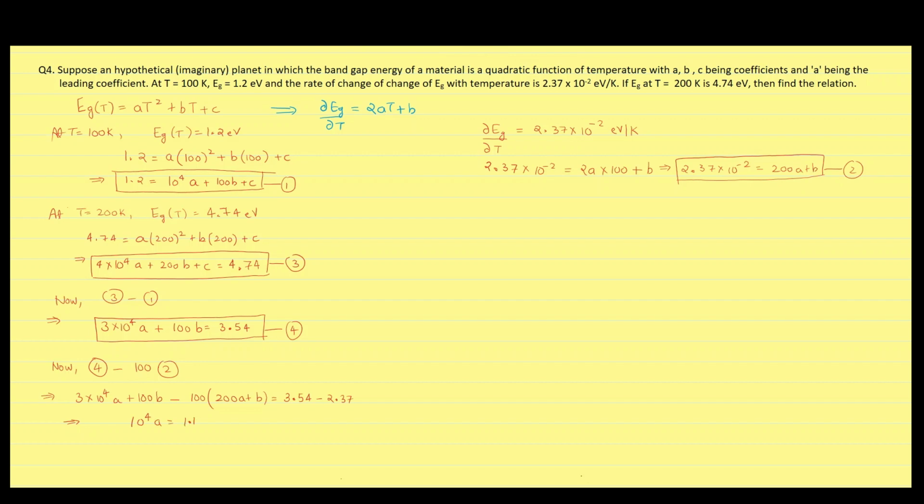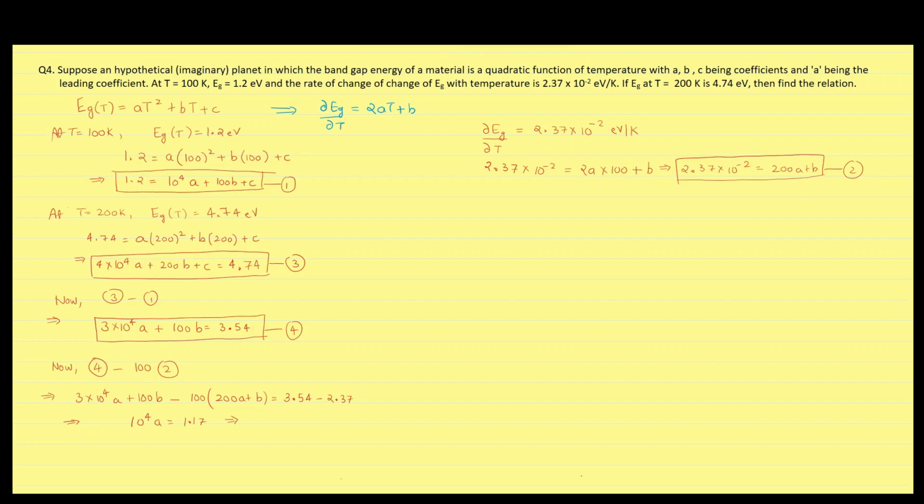By solving this expression, we have found the value of A to be equal to 1.17 into 10 raised to the power minus 4 electron volt per Kelvin square.